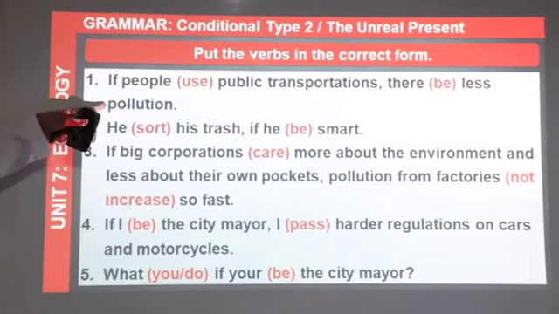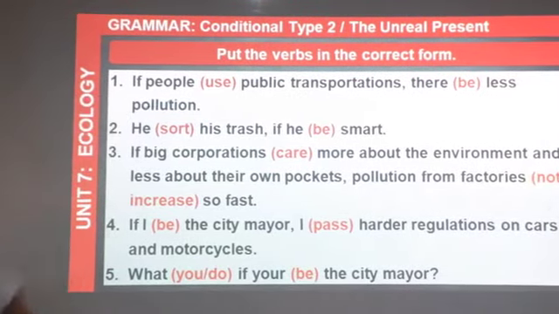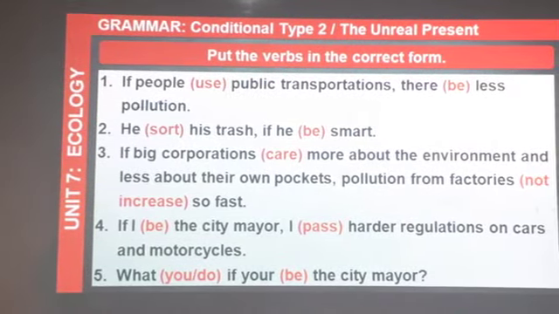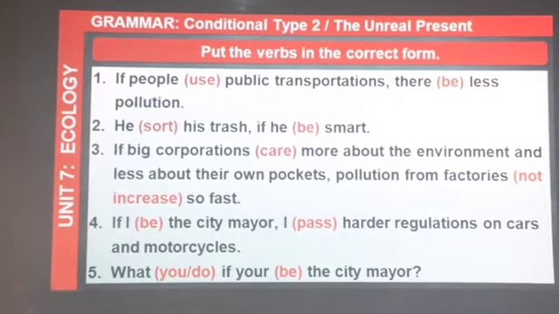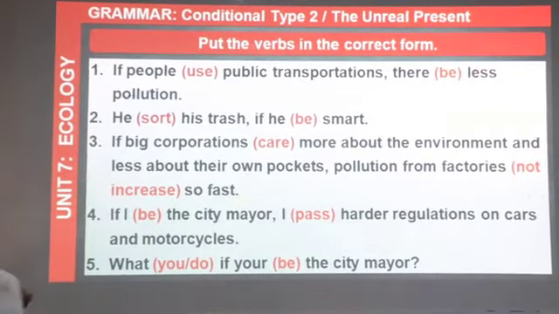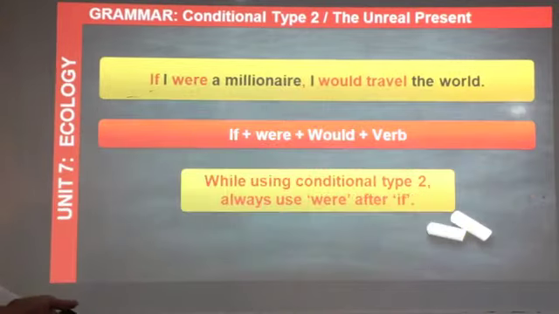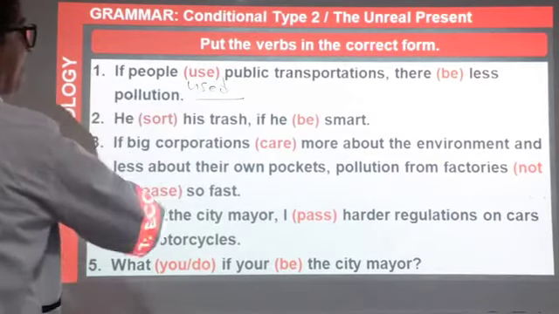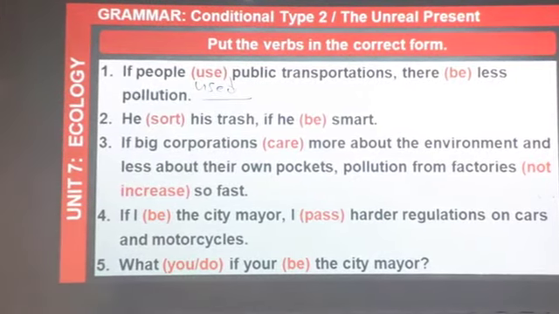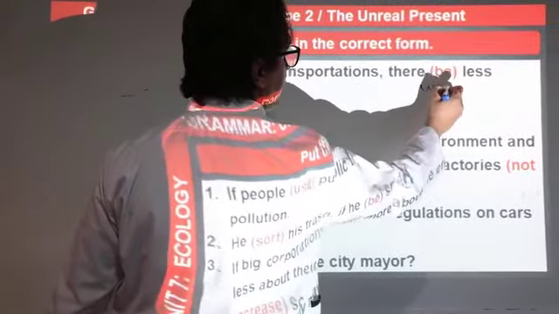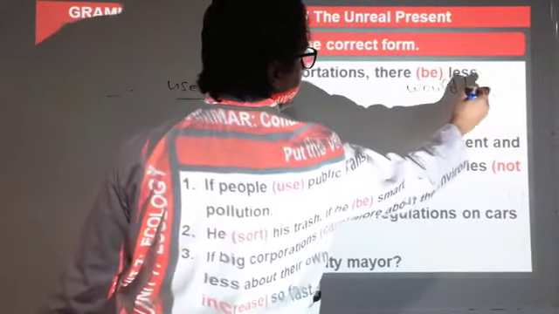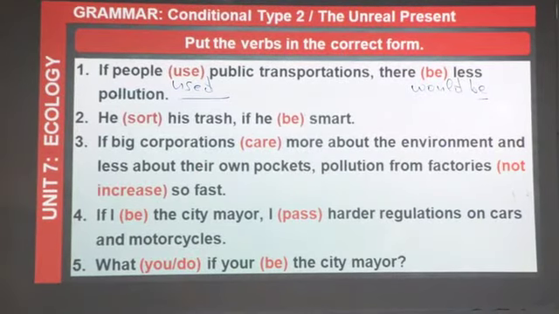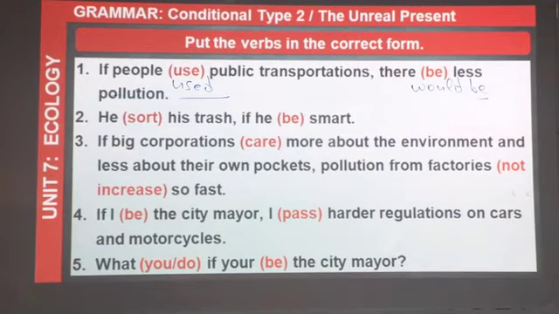I'm going to do this one for you, and then you do the rest. If people used public transportations, there would be less pollution. Okay, guys, take 3 minutes to do this exercise.